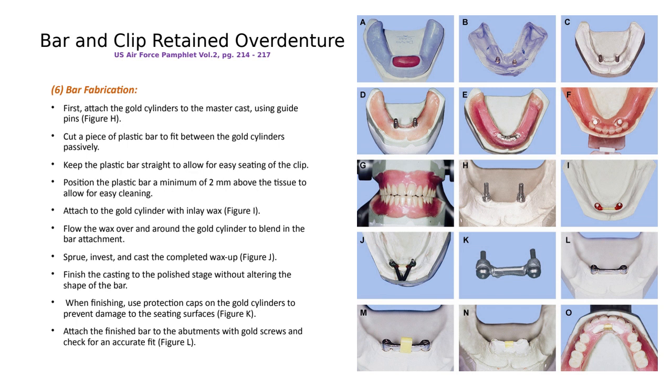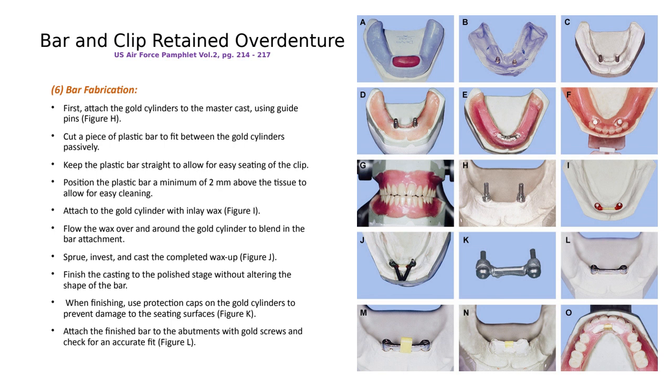Attach to the gold cylinders with the inlay wax. So this is the part where we add wax to connect the plastic bar with the gold cylinders. All right, and then we're gonna sprue, invest, and cast the bar using the lost wax method.